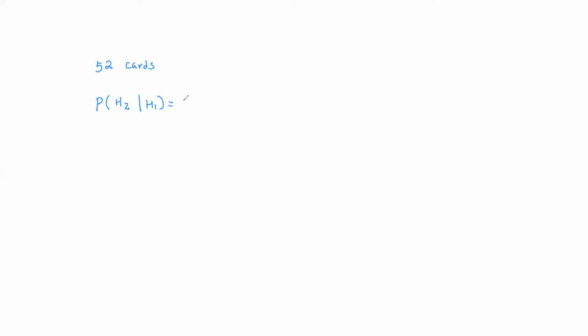The first card is gone, and so you have 51 cards left for the second card to be picked. And the first card is a heart. Well, there are 12 hearts left, and the probability that the second card is a heart chosen from 51 is 12 out of 51. Okay.